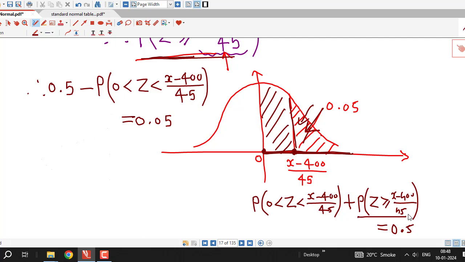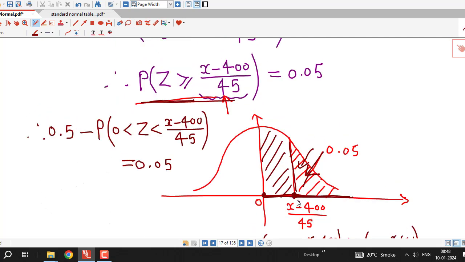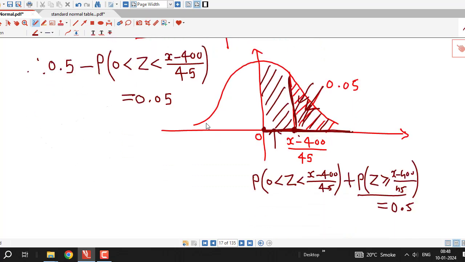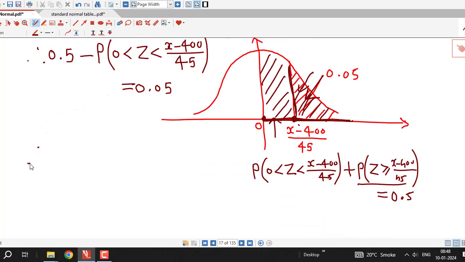Therefore this area to the right side of this point is 0.5 minus area between 0 and (x minus 400) divided by 45. Therefore, now we are interested in this value, area between 0 and (x minus 400) over 45.